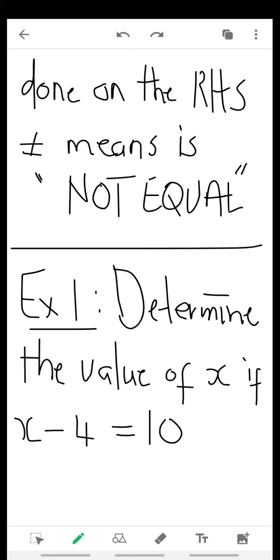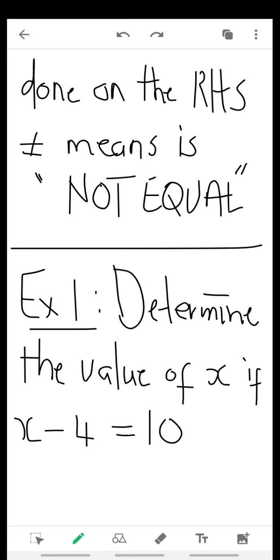Now let's go to example number 1 to see how additive inverses work. Determine the value of x. Remember previously, in chapters 7 and 8, we looked at how to find the value of x using inspection, but now we want to look at how we can find the value of x using additive inverses.